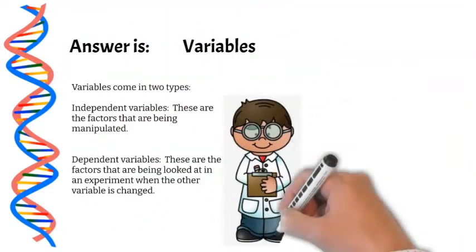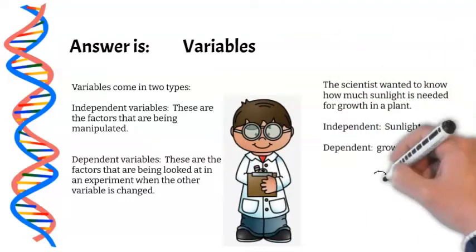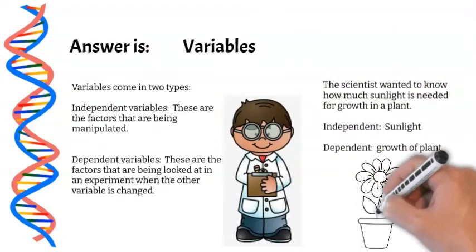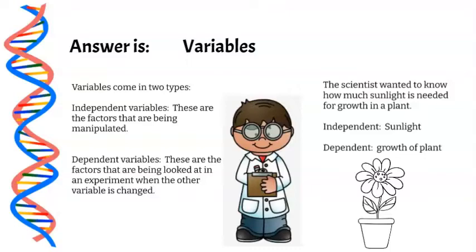Variables come in two different types. Independent variables. These are the factors that are being manipulated or changed. The other type of variable is dependent variables. These are the factors that are being looked at in the experiment when the other variable is changed.